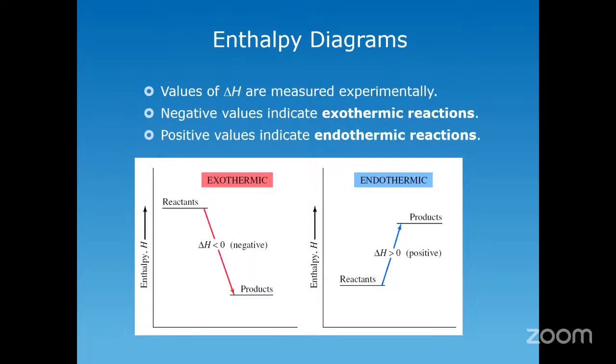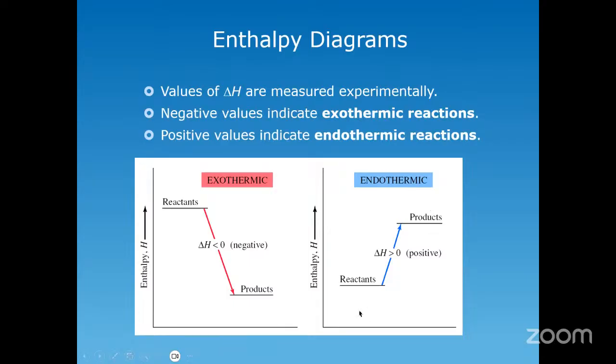So if the final value is less than the initial value, that means the change, in this case delta H, will be negative, right?